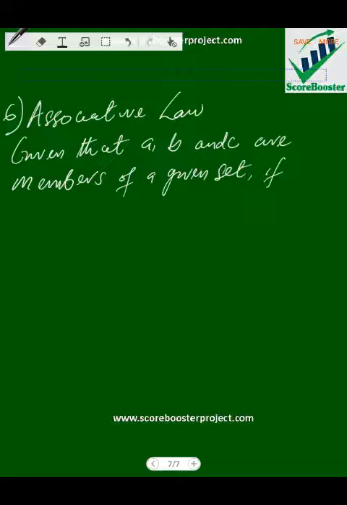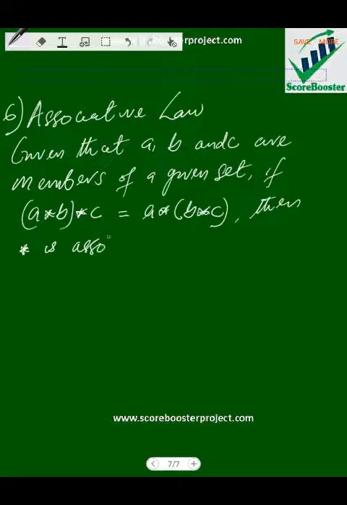So if A star B, star C is equal to A star, B star C, right? Then this star operation is associative.